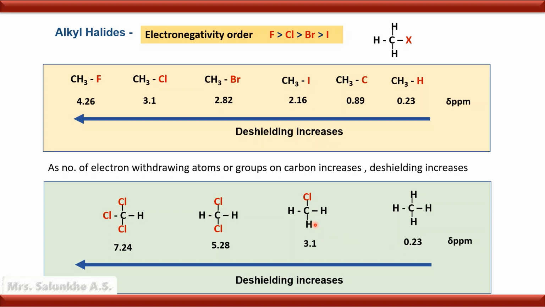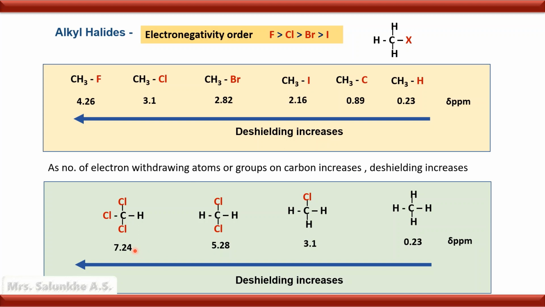In case of chloromethane or methyl chloride, there is one chlorine atom on that carbon atom and its chemical shift value is 3.1. In case of dichloromethane, the number of chlorine atoms is 2, and as the number of chlorine atoms increases, de-shielding of that proton increases and chemical shift value increases.